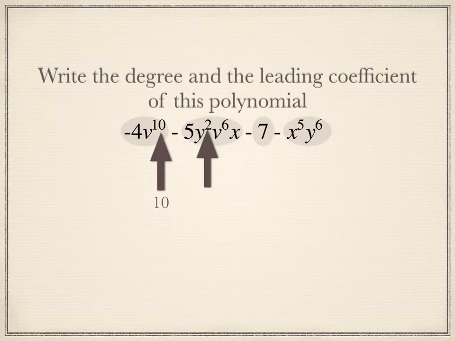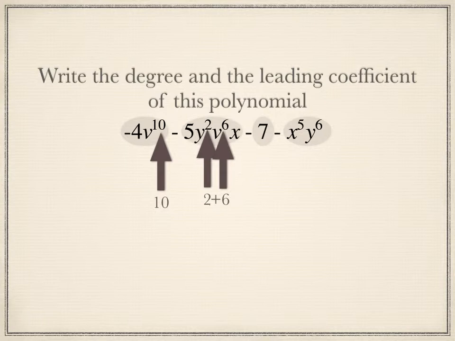Okay, now we're going to jump to our next term. So we've got 3 different variables here, and our first variable has an exponent of 2. Our second variable has an exponent of 6. So we're going to go ahead and add those 2 together.